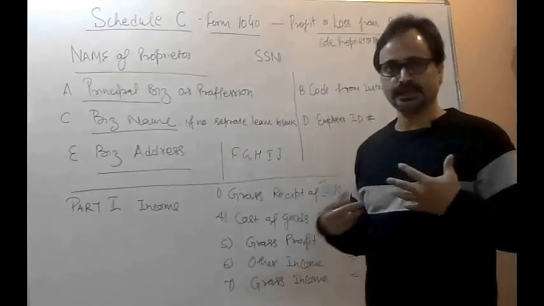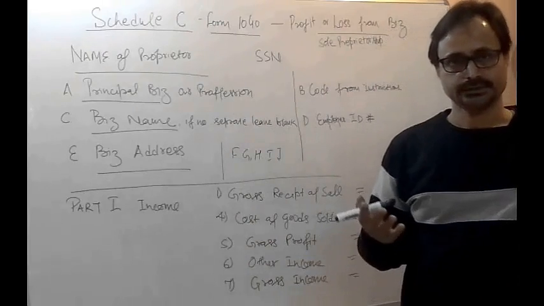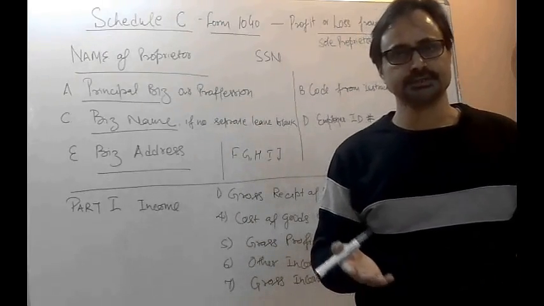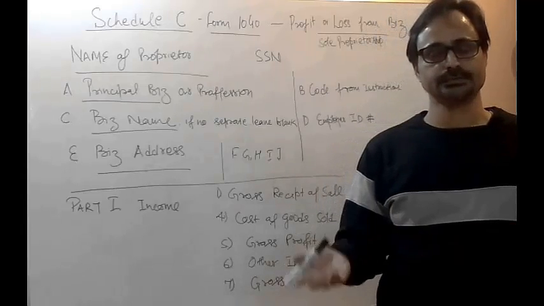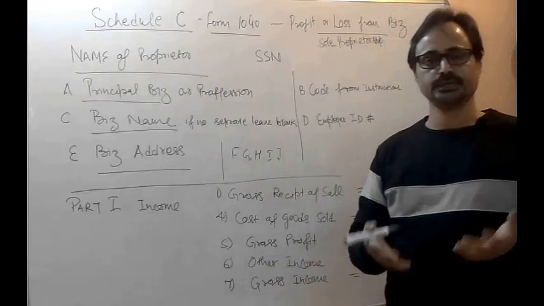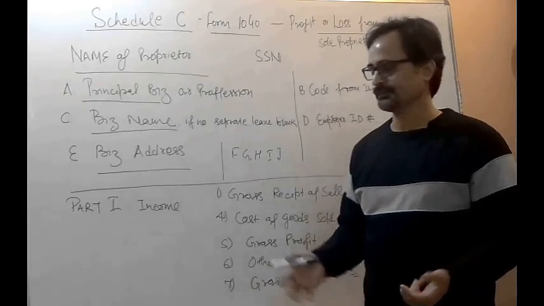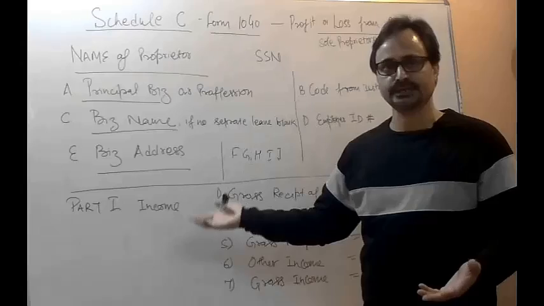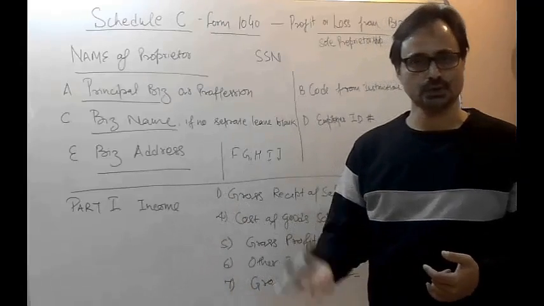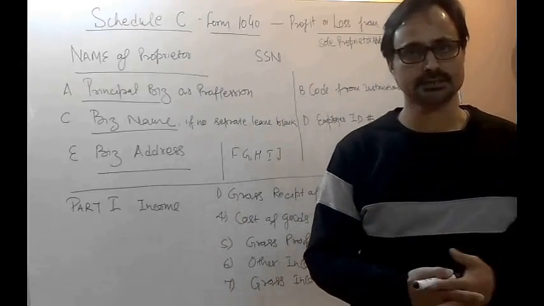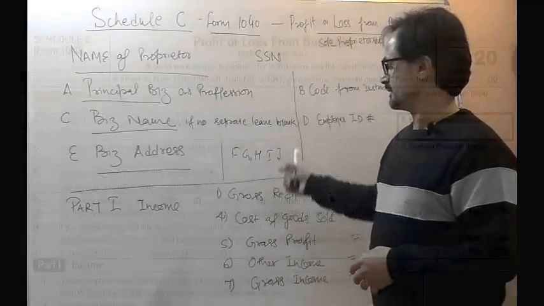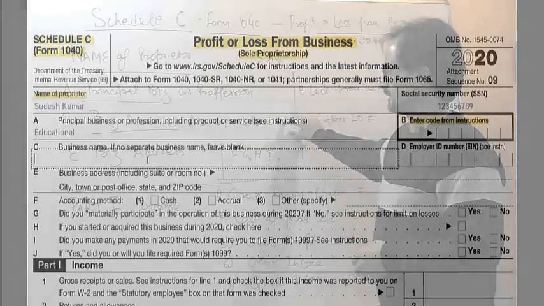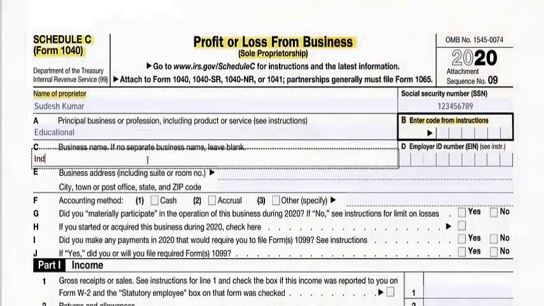Then the name. We have an educational channel, or education business. We are providing education, we are running a school. That is a profession. But the name of that school, that shop, that car company, whatever name we have given to that business, we write here.